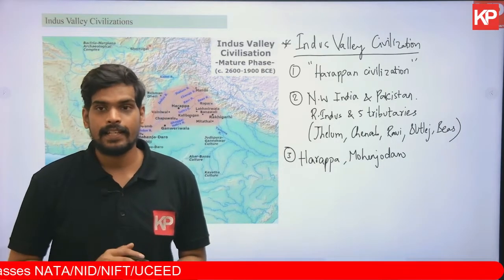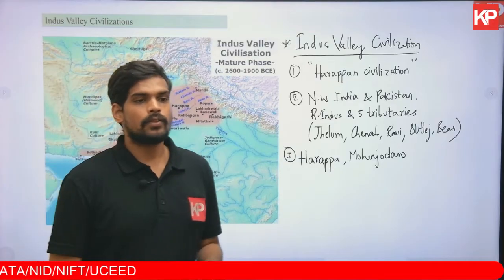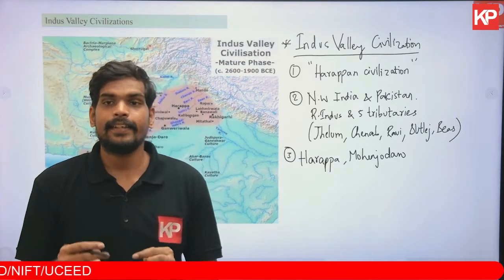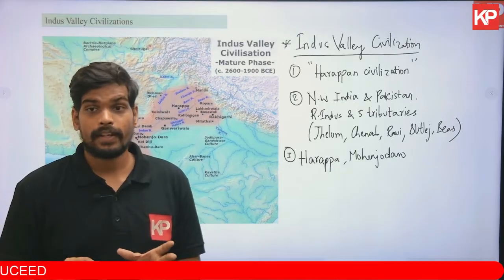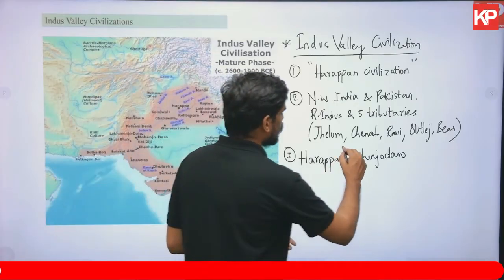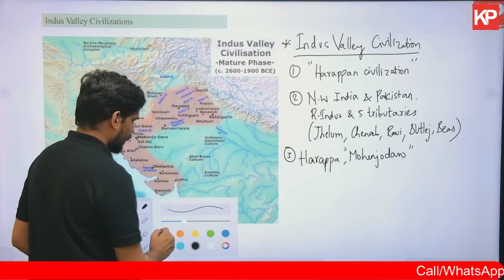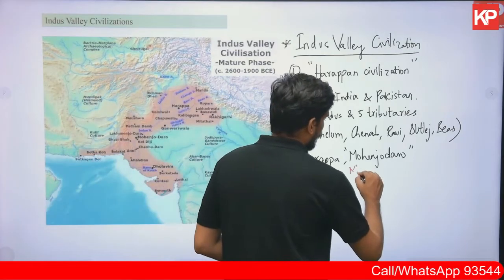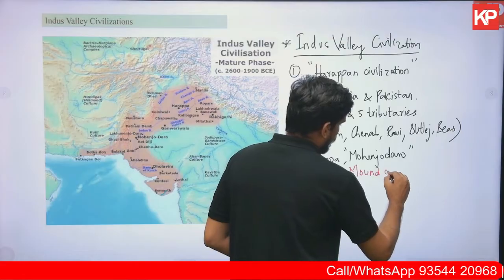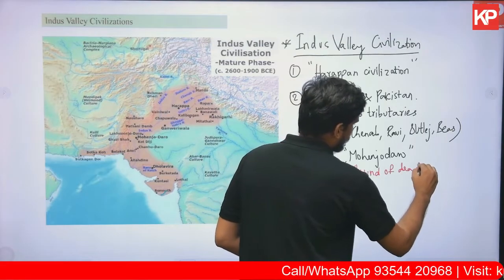And this question was asked in NATA examination once. They asked which of the following cities literally translates to mound of dead or hill of dead. Mohenjo-daro, the meaning of this word is hill of dead or mound of dead. What does this mean?